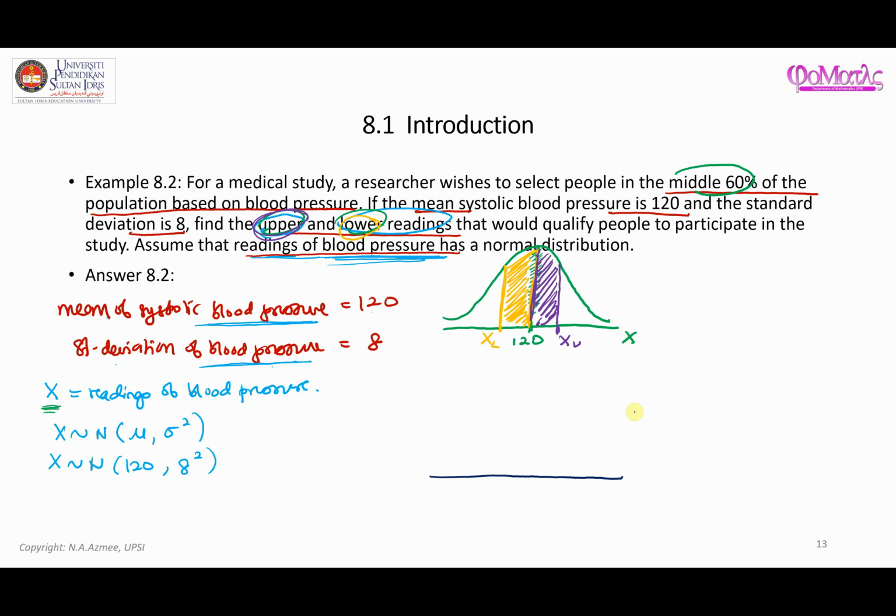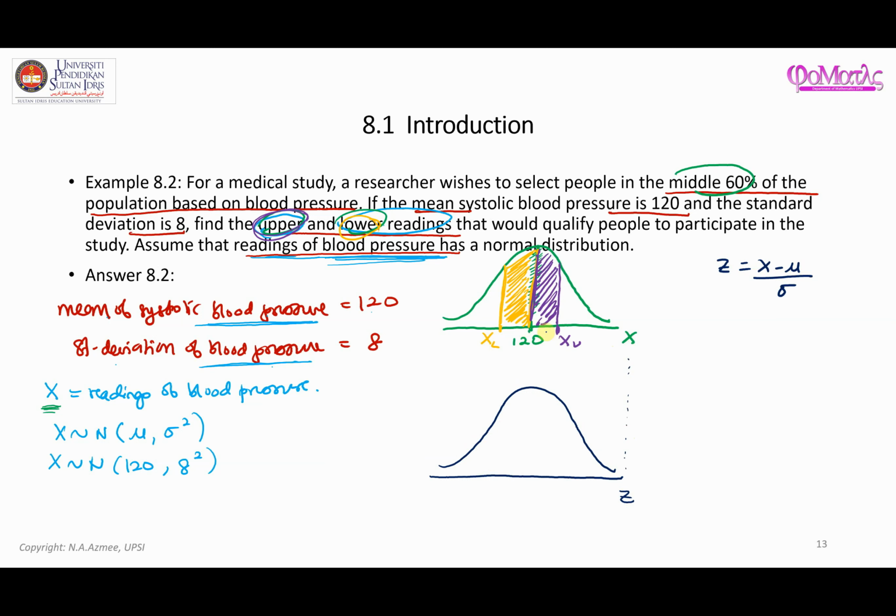So here is X. Now we're going to look at how that can be converted. From X, we want to go to Z. And the conversion from X to Z uses this formula: Z is equal to X minus mu over sigma.